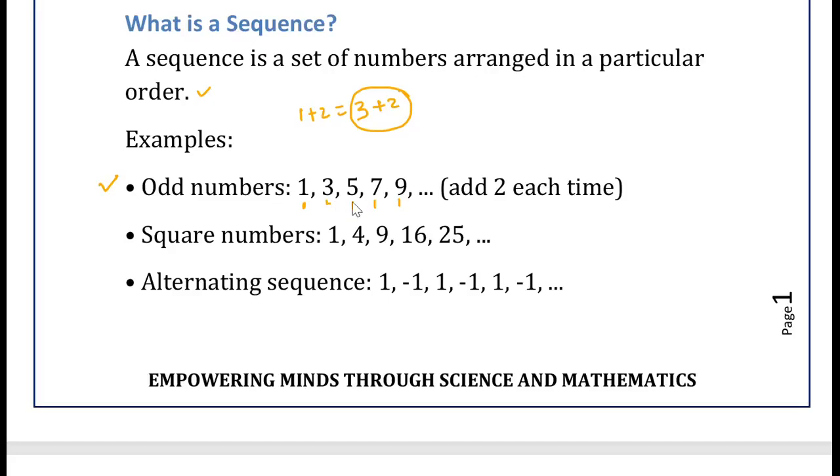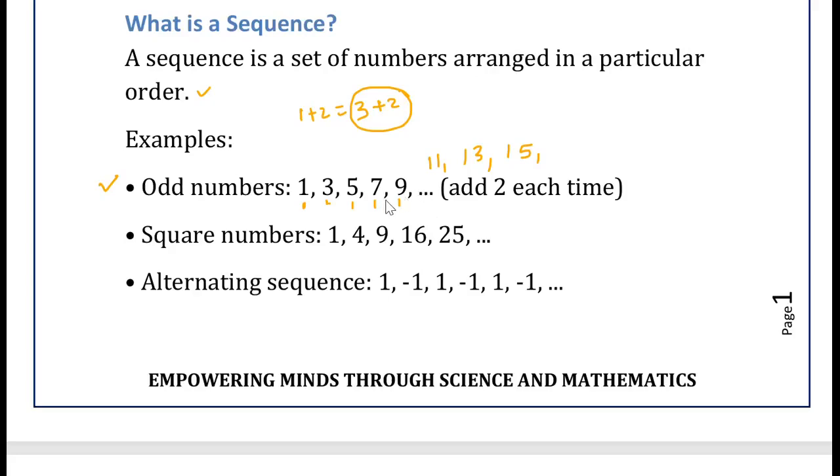When we add 2 plus 3, we get 5. 5 plus 2, we get 7. 7 plus 2, we get 9. 9 plus 2, we get 11. 11 plus 2, 13. 13 plus 2, 15. And that is how we obtain the odd number sequence.